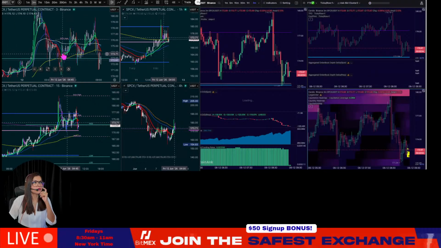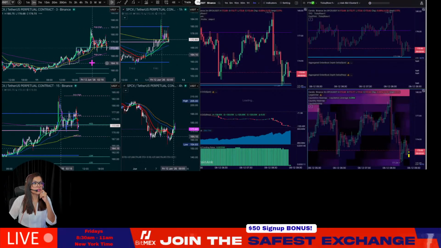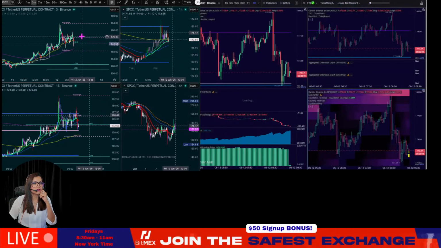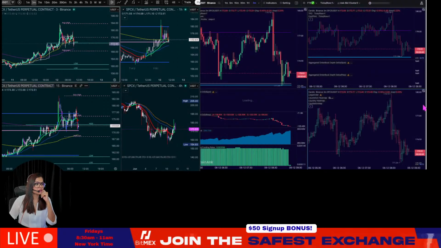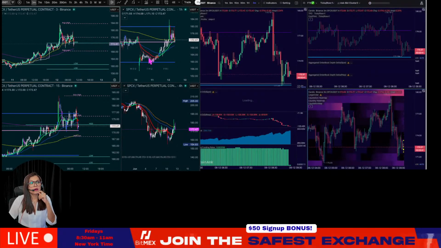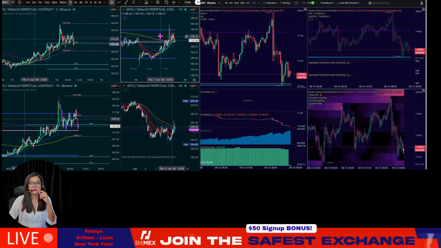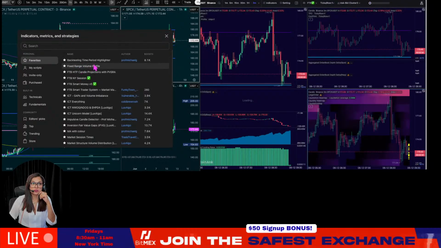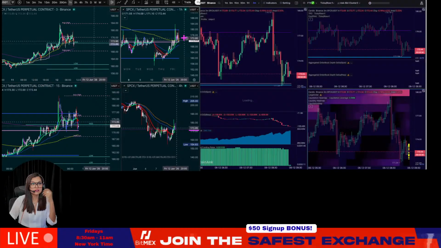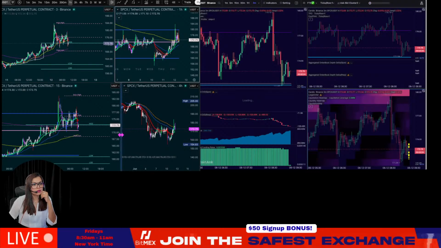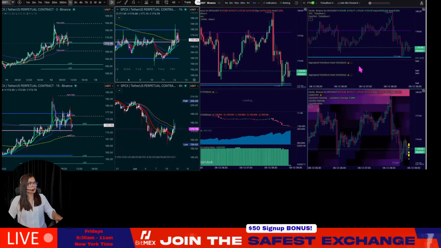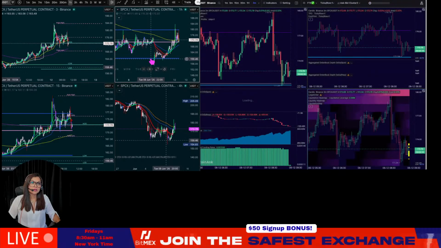So what do we have here on the 3-minute time frame? We just have a little consolidating on the 50% Asia range and the high of yesterday. I do also use the fixed range volume profile on TradingView. It's the default one that comes with TradingView. I use that on some time frames just to compare them on my CoinAnk chart.